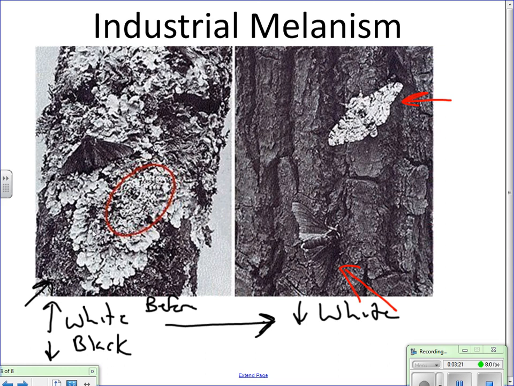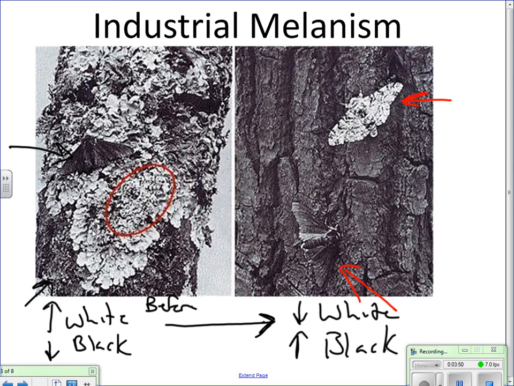Conversely, the black moth on the black trees was well protected. So the black moth, or the black allele, increased. And so in a very short amount of time, we see that one trait can be selected for and change that organism's appearance.